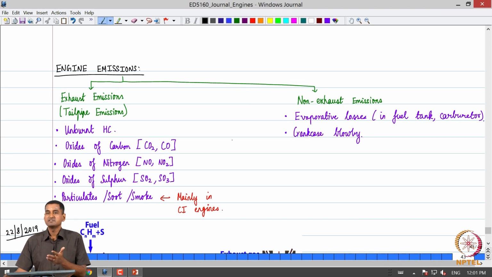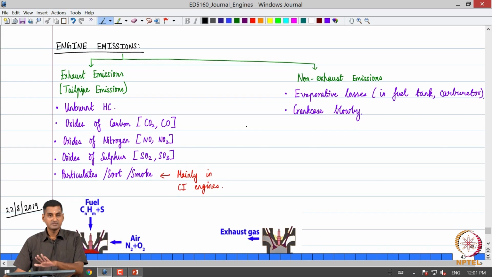In addition, there are non-exhaust emissions, which are mainly unburnt hydrocarbons that come into the atmosphere due to evaporative losses in the fuel tank and other elements like carburetors. You can also have crankcase blowby, where some fuel escapes through the crevices in the piston cylinder assembly, between the piston rings, oil rings and the cylinder surface. Those constitute non-exhaust emissions.